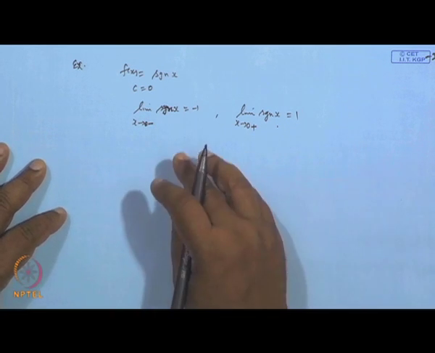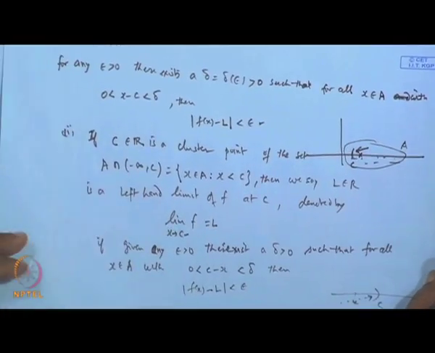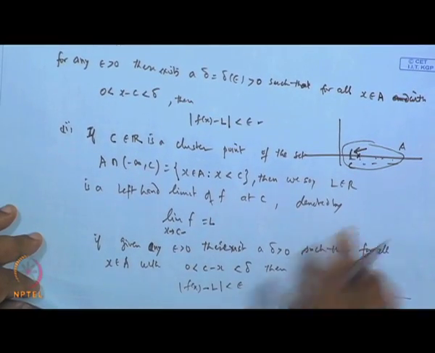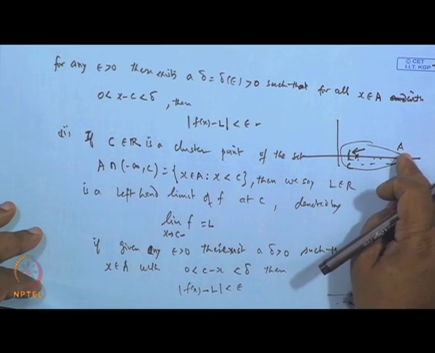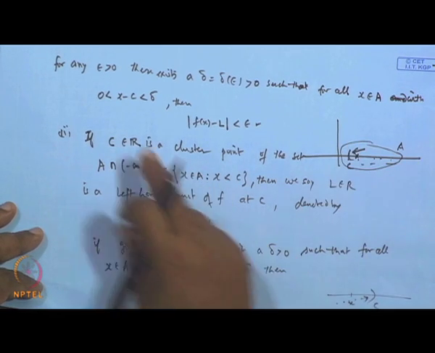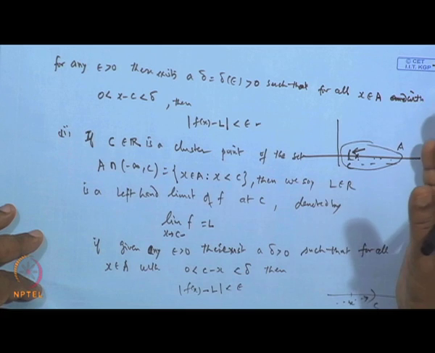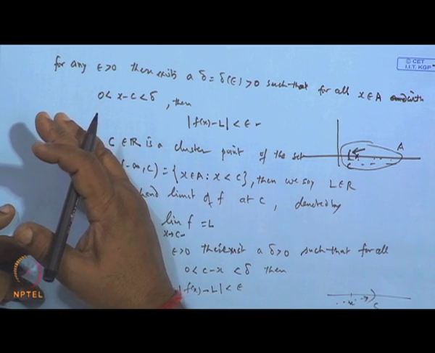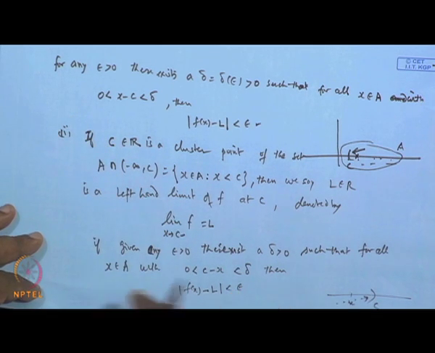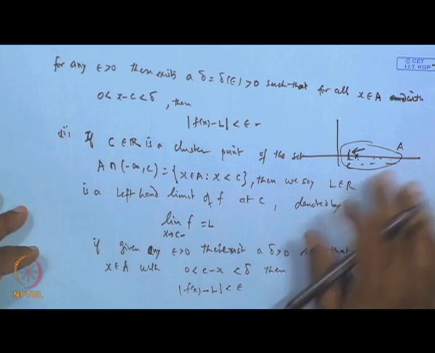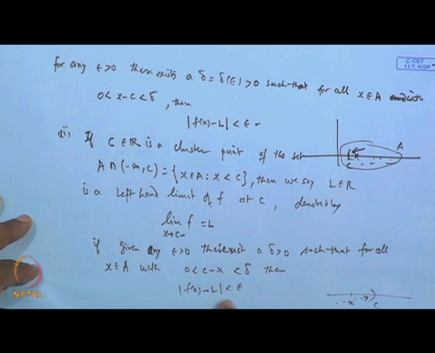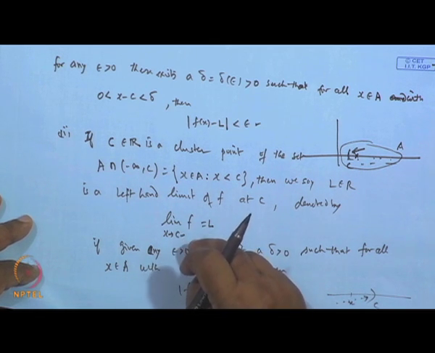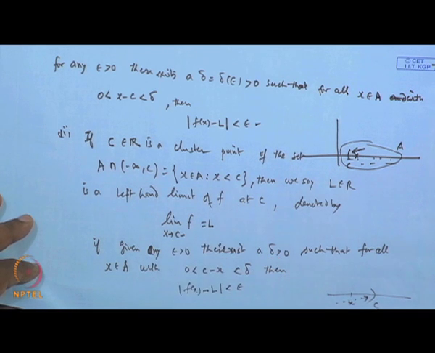Now, when we introduce the concept of the left hand or right hand limit, we look at the set A intersection with (c, infinity) for the right hand limit, or intersection with (minus infinity, c) for the left hand limit. However, it is not necessary that we always have a left hand or right hand limit.